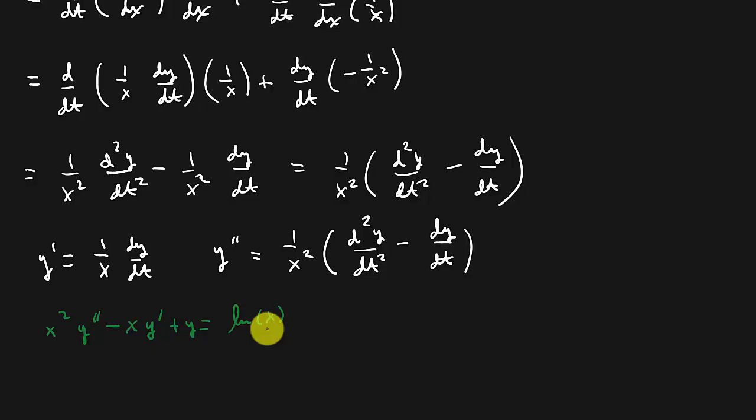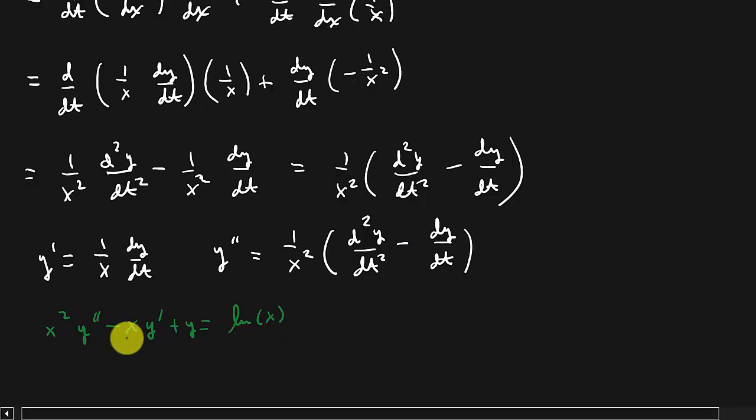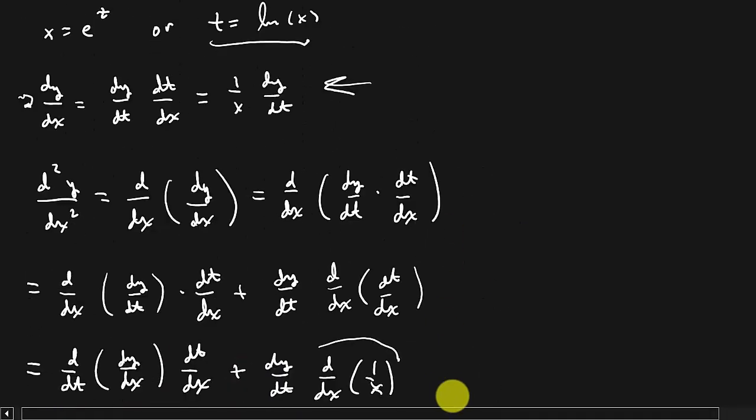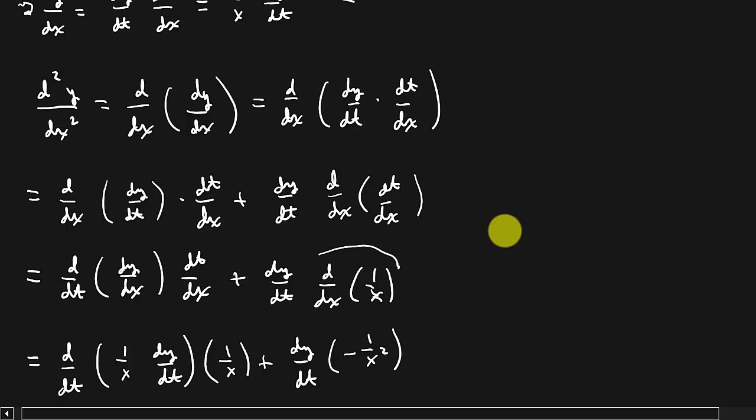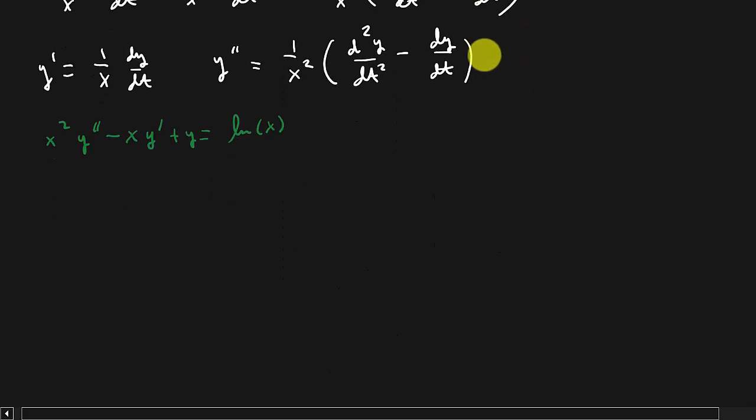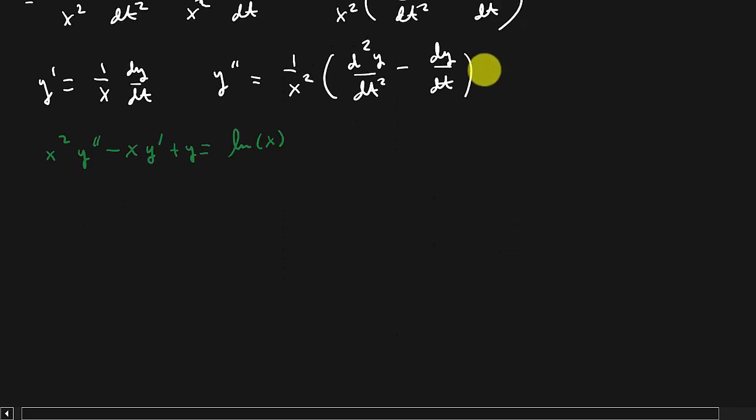So what we're going to have to do is plug that into our differential equation. This is our differential equation here. We have to know what y double prime and y prime are. And watch this, this is the neat part. Let's plug everything in.